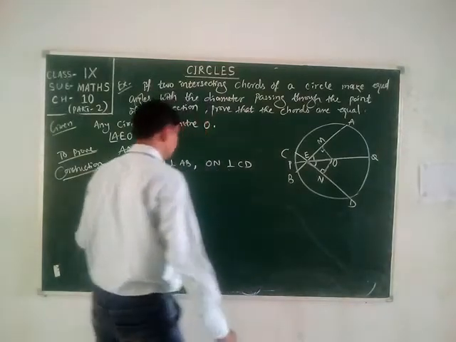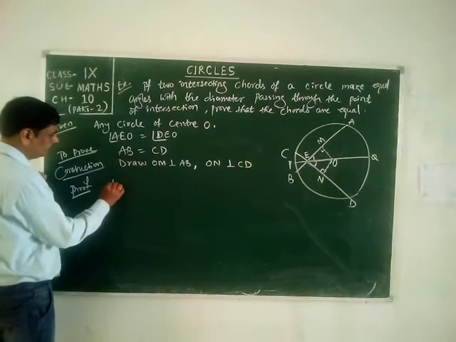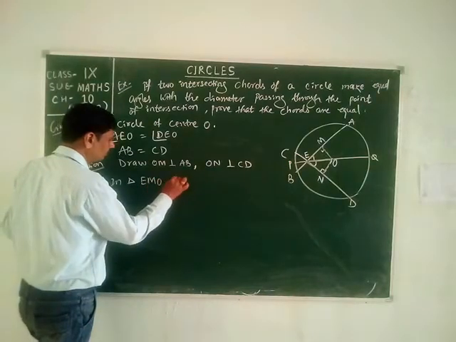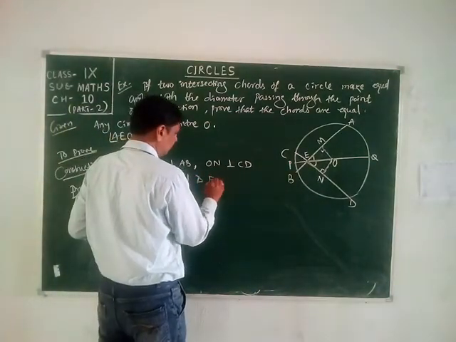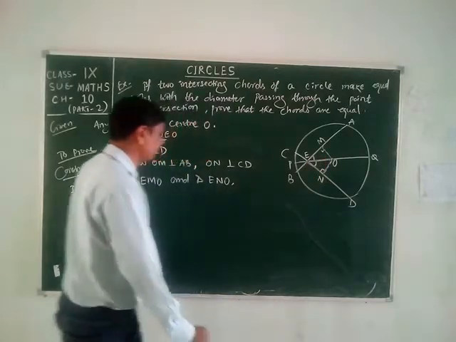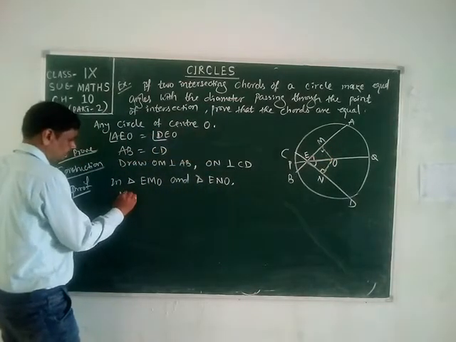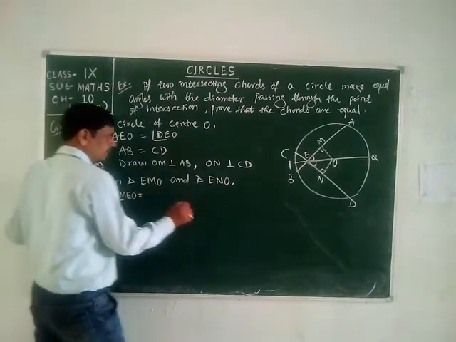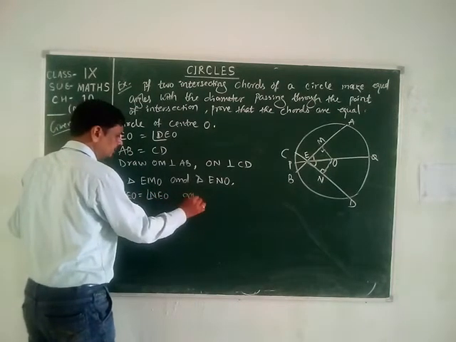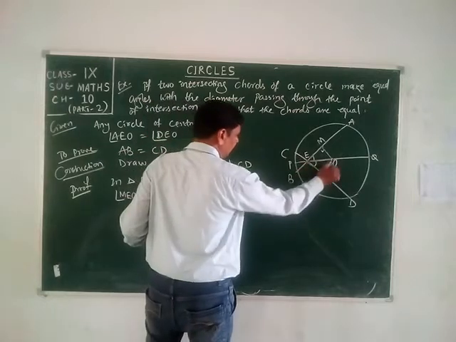Proof. In triangles EMO and ENO, angle MEO is equal to angle NEO and angle EMO is equal to angle ENO.